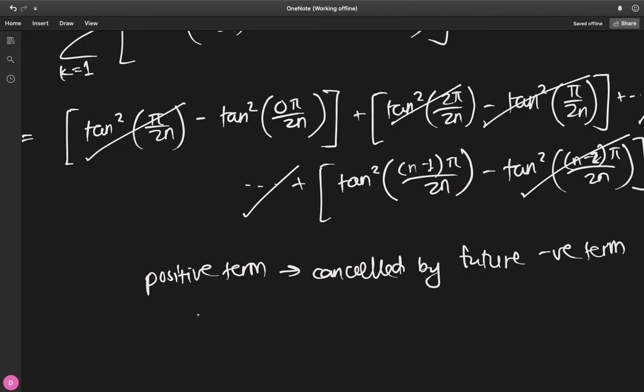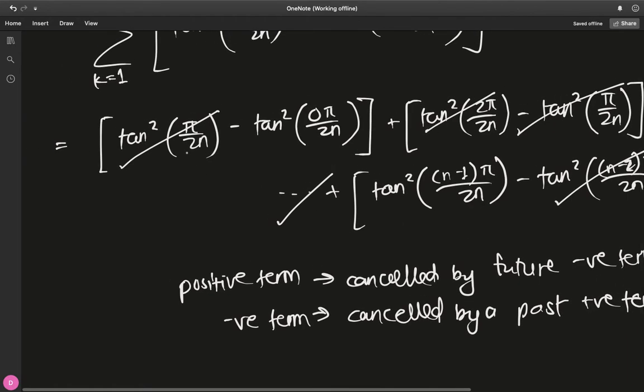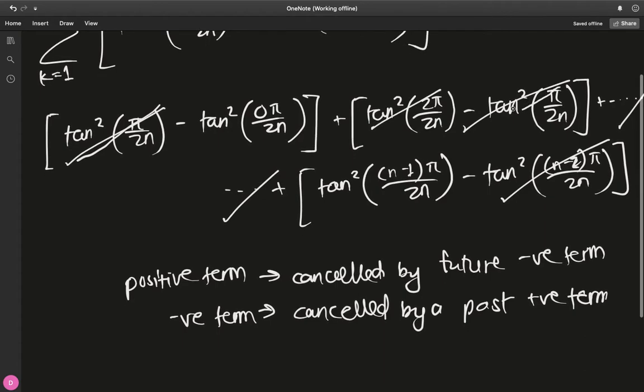And vice versa, a negative term is cancelled by a past positive term. So extrapolating this, this positive term got cancelled by a future negative version of this, which was basically negative tan squared pi over 2n.